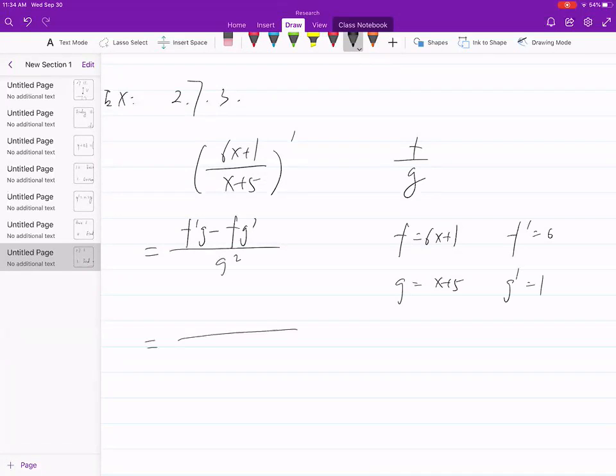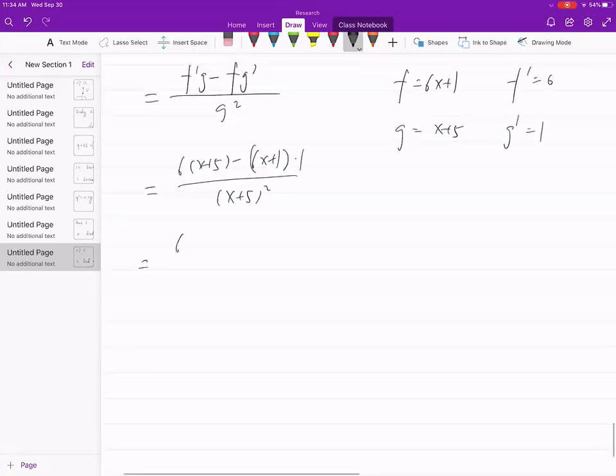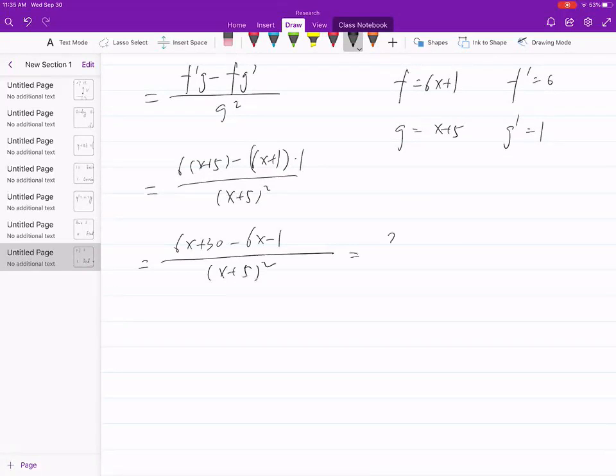Put them in order. 6, (6x plus 1) times 1, divided by g squared, which is 6x plus 30 minus 6x minus 1, which is 29. And you plug in 2, you got 29 over 49. That's exactly the answer we got before.